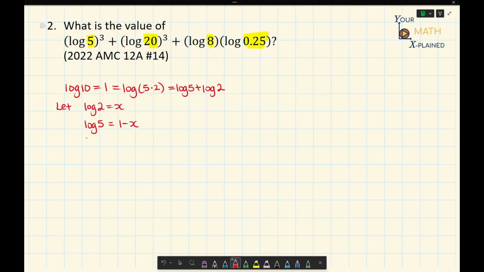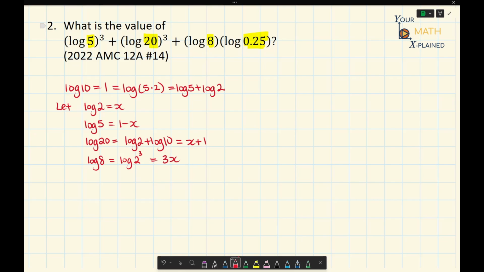And since log 20 is equal to log 2 plus log 10, that means log 20 is equal to x plus 1. And we have our log 8, which is equal to log 2 cubed. Pulling that 3 forward gives us 3x.